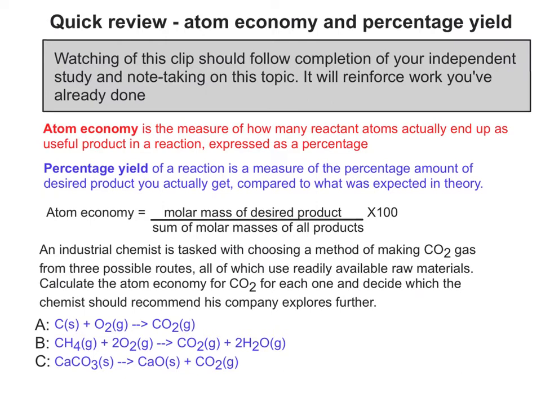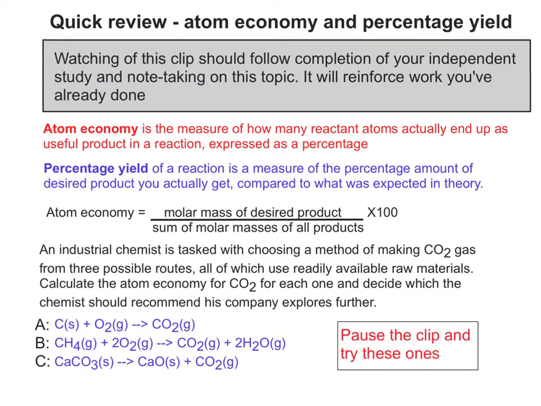So for each one, they want you to calculate the atom economy and then decide which the chemist should recommend his company explores further. Now you might have spotted which one automatically is the one to choose, but they did ask you to calculate the atom economy for each one. So pause the clip, give these ones a go, and once we resume the clip, we'll take you through them.